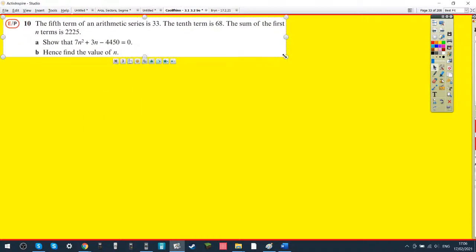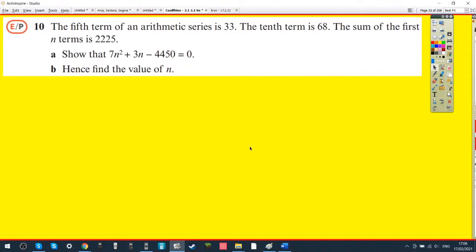Let's see. The fifth term of an arithmetic sequence, the 10th term is this.